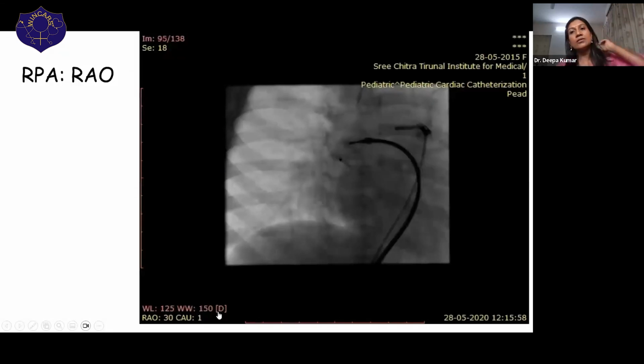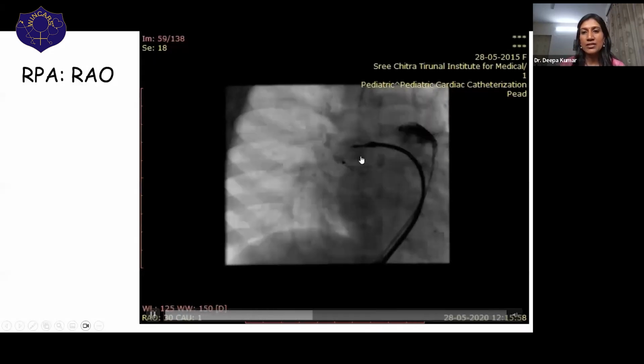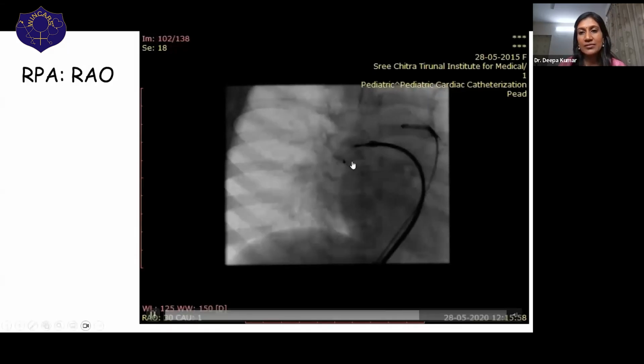So this is a right pulmonary artery angiogram. What is seen here? It's a very rare anomaly.